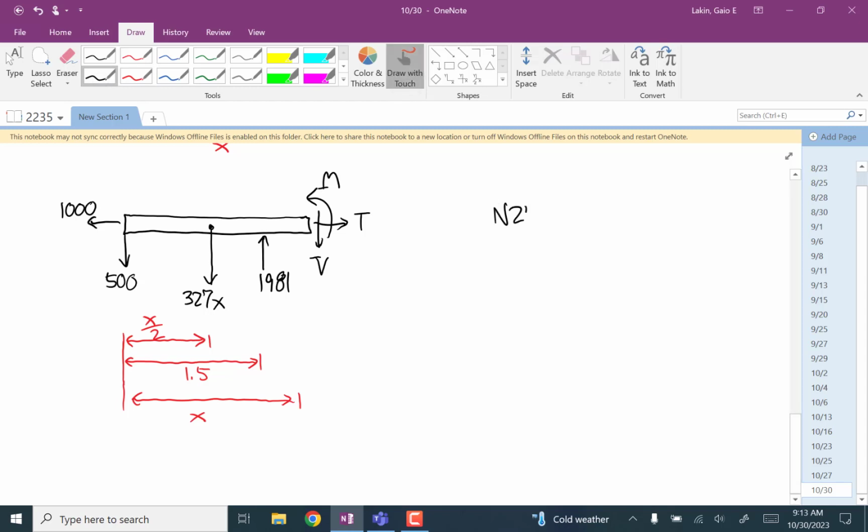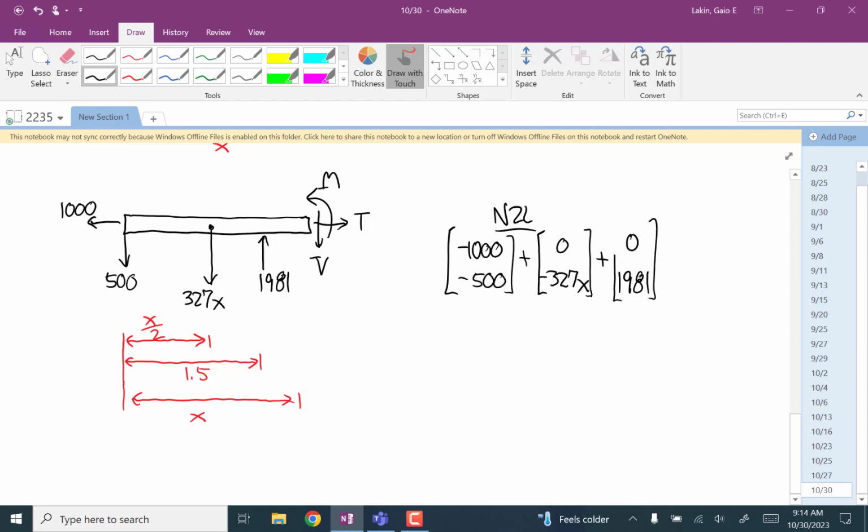Okay, Newton's second law says negative 1,000, negative 500, plus 0, negative 327x, plus 0, 1981, plus T, negative V is zeros.